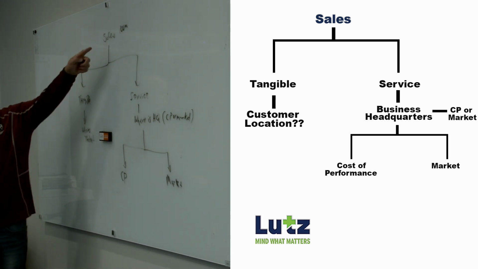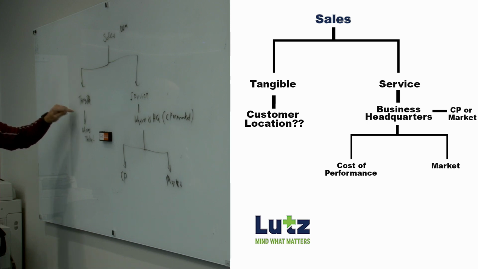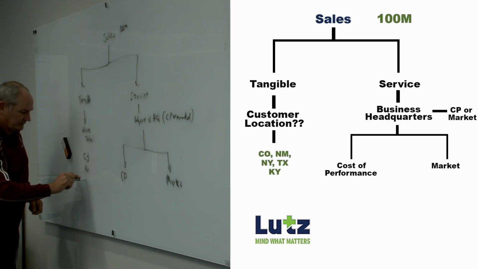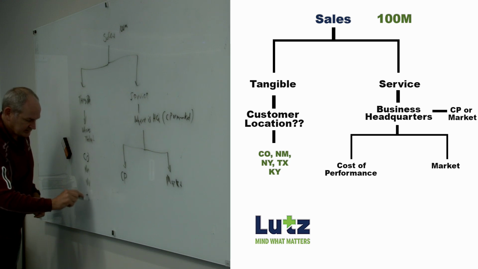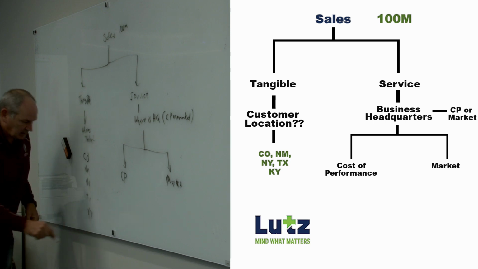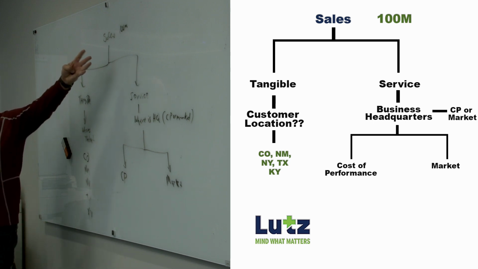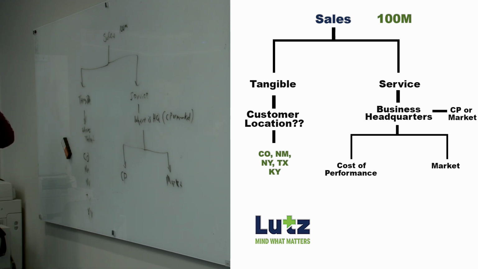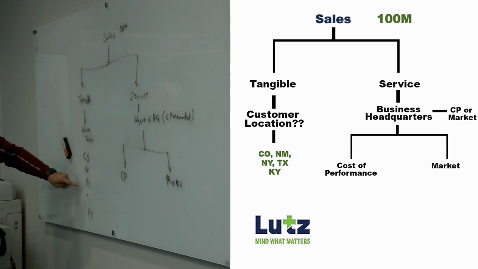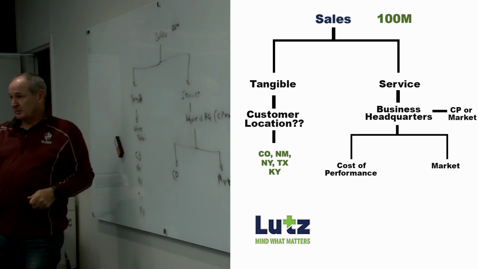And if it goes this direction, to the tangible side, and we know we have customers in Colorado, New Mexico, New York, Texas, and Kentucky, and every customer is buying equally from us, well, you have $20 million of sales that's going to go to each of Colorado, New Mexico, New York, Texas, and Kentucky for your apportionment. So now you can figure out what amount of income is going to that jurisdiction. Even this simple brain can wrap its head around that.